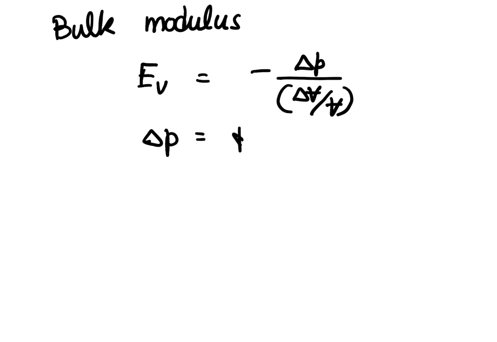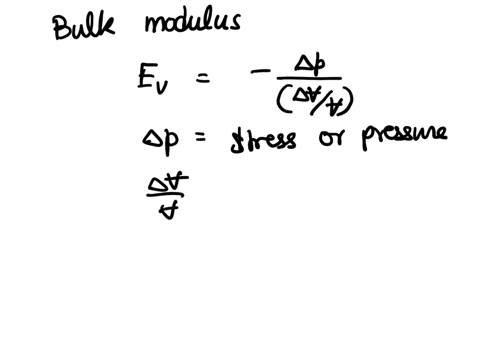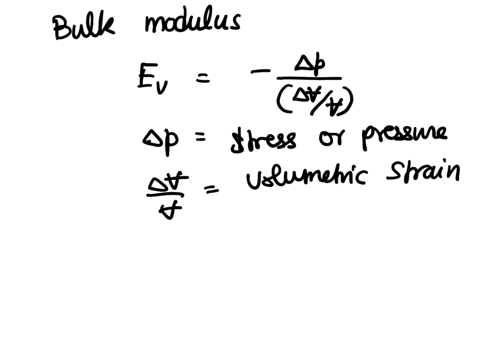Okay, so delta P is the stress or pressure that is used to squeeze or expand a certain material, which could be a fluid or a solid, and delta V over V is the volumetric strain, or change in volume to the original volume.